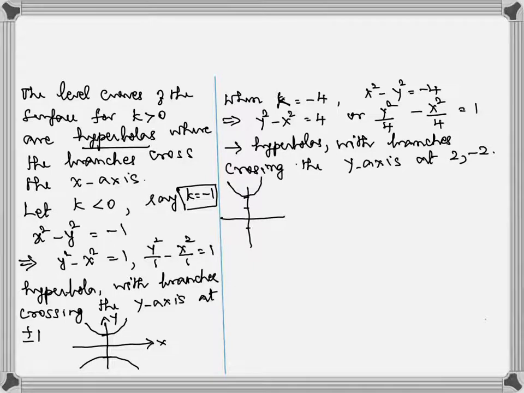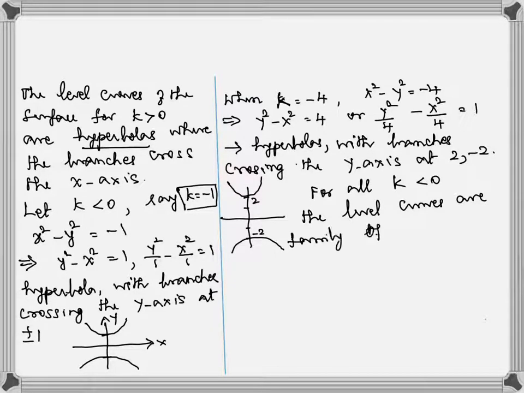A rough sketch of that is shown here, crossing the y-axis at 2 and negative 2. For all k less than 0, we get a family of hyperbolas. The level curves are a family of hyperbolas with the branches crossing the y-axis.